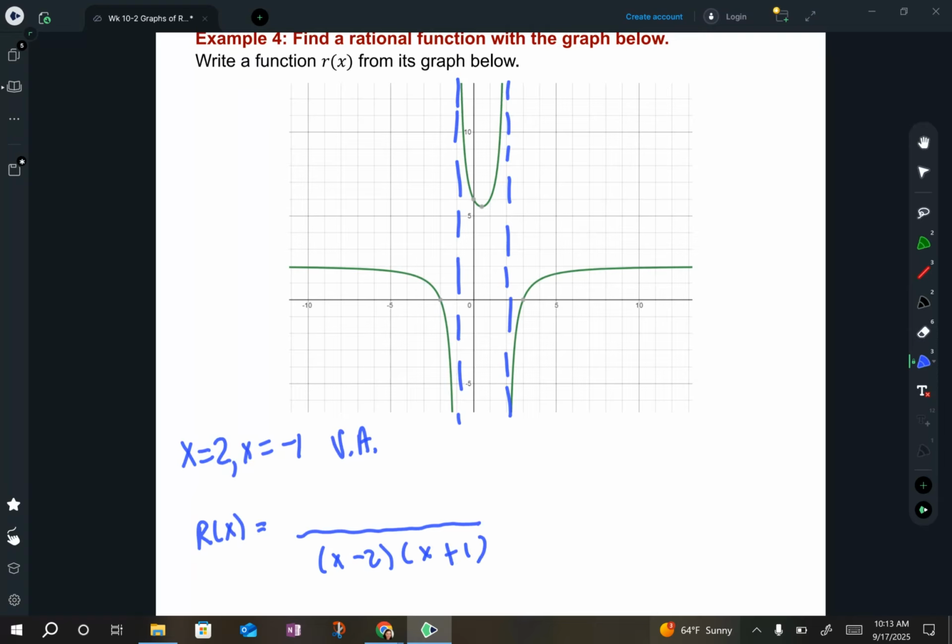All right, what else do we have on this function that we can spot? Well, I can see it crosses the x-axis at 3 and at -2.